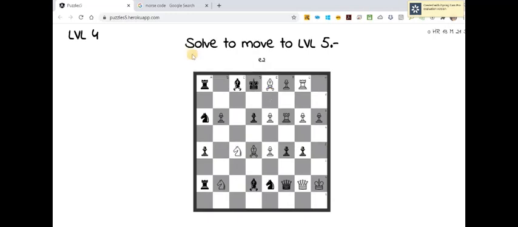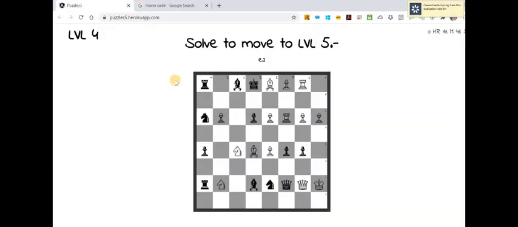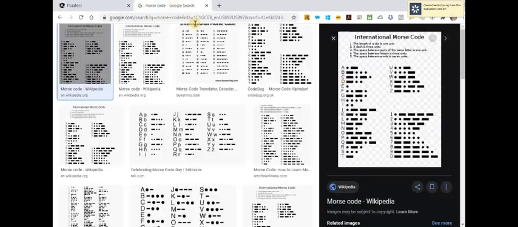Then the next, black is there, that is dot dash, which stands for A. So A might be the first part.